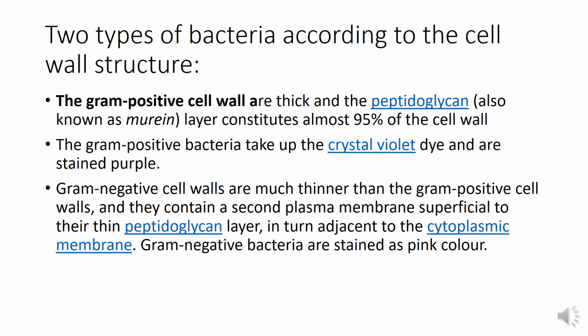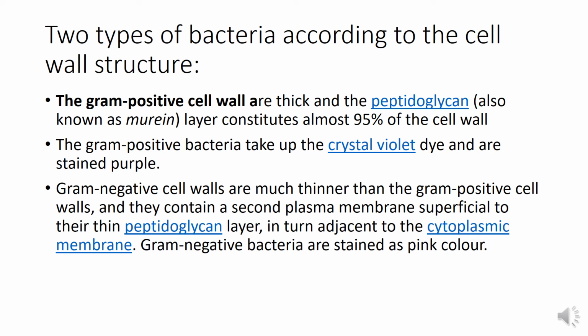There are two types of bacteria according to the cell wall structure: gram-positive cell wall and gram-negative cell wall. According to the peptidoglycan, the gram-positive cell wall is thick, and the peptidoglycan layer, known as murein, constitutes almost 95% of the cell wall.